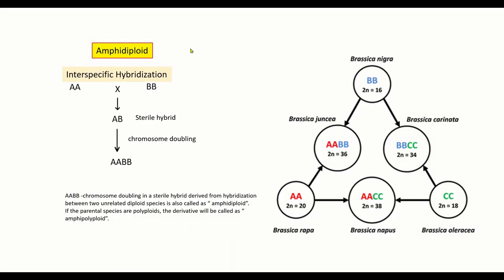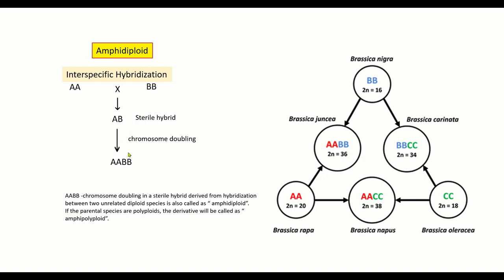Coming to amphidiploid, what is amphidiploid? It is a combination of two different sets of chromosomes derived from two different individuals. So we have two different diploid genome sets from two distant individuals. When we make a cross between these, there will be a sterile hybrid because of incompatibility, forming capital A B. How do we make it work?